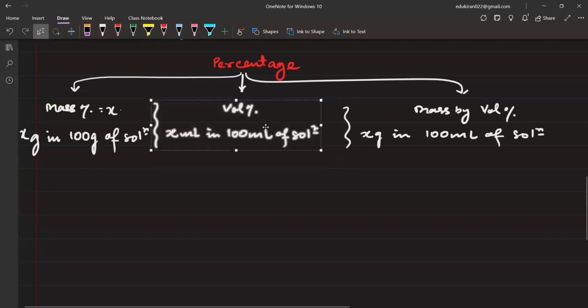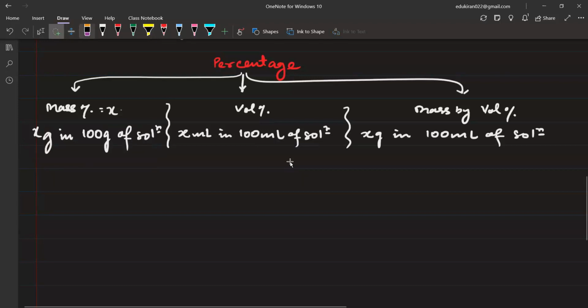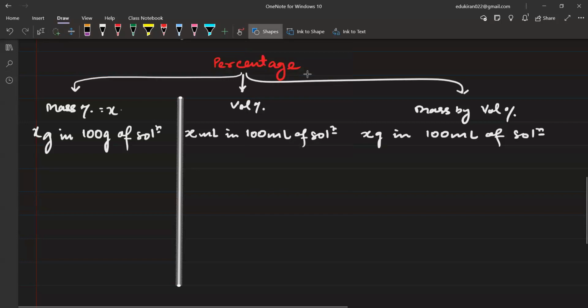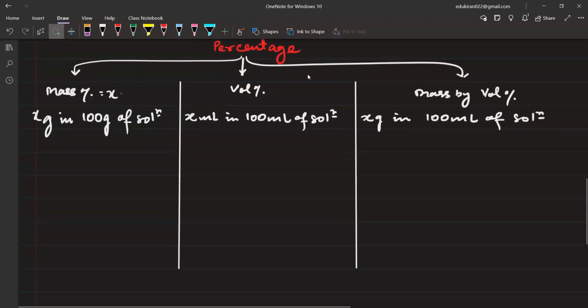So let me give you some examples and try to extract the information that mass percentage and volume percentage give.